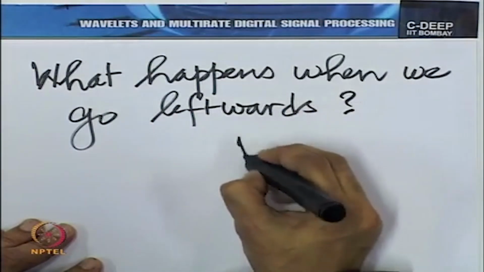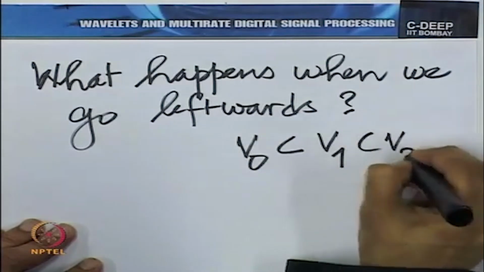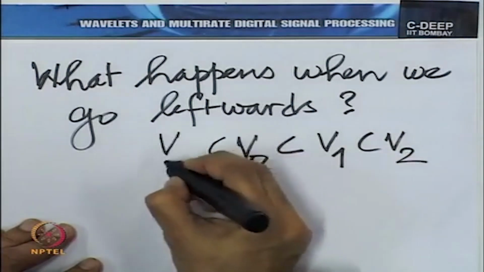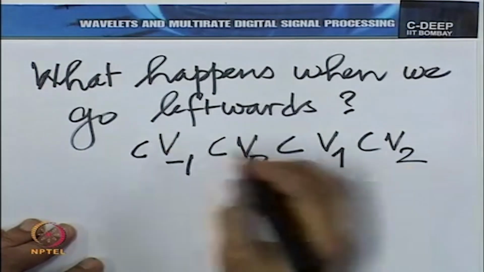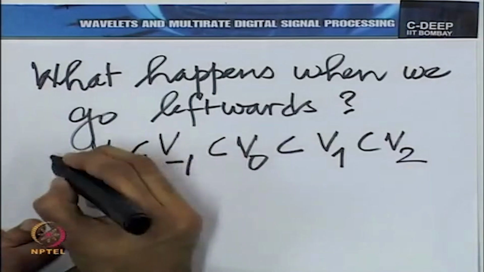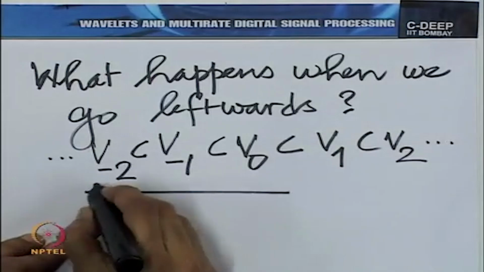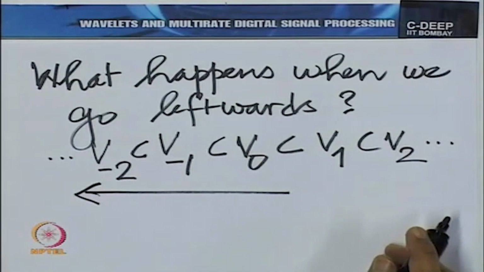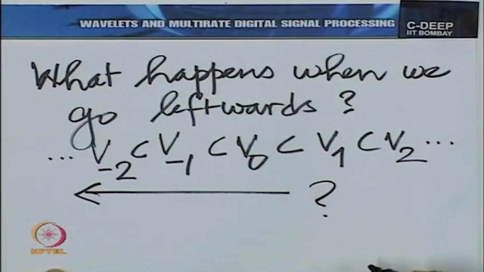What I mean by that is, of course, you have V 0 contained in V 1, contained in V 2, and then V minus 1 contained in V 0, and so on here, so on there. What happens when we go this way? What do we think should happen?